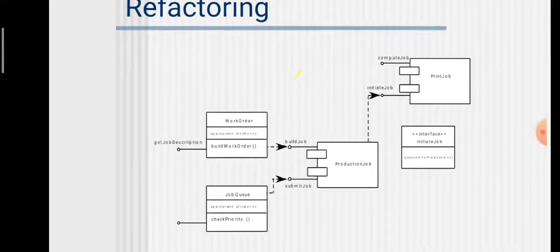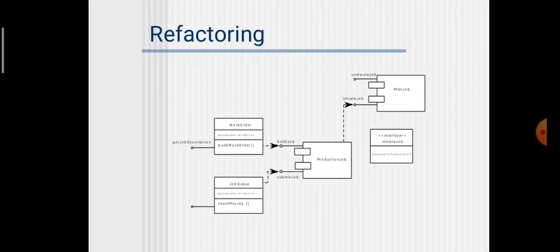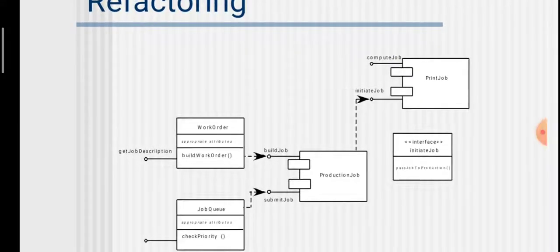So refactoring in the sense, after making the module, I should be able to separate them into parts. Each and every part I can separate, and I can identify what each part is capable of doing.